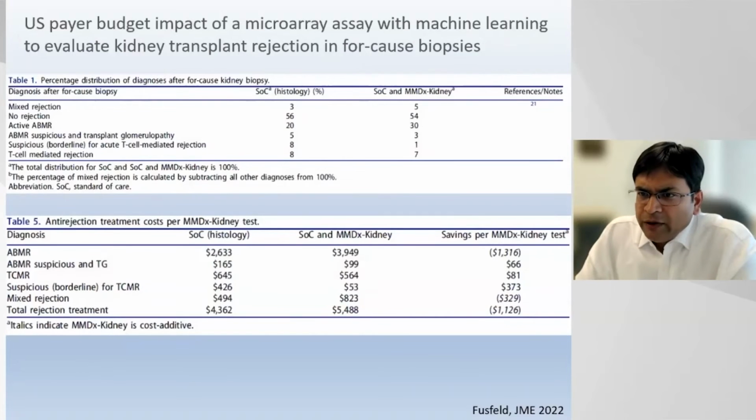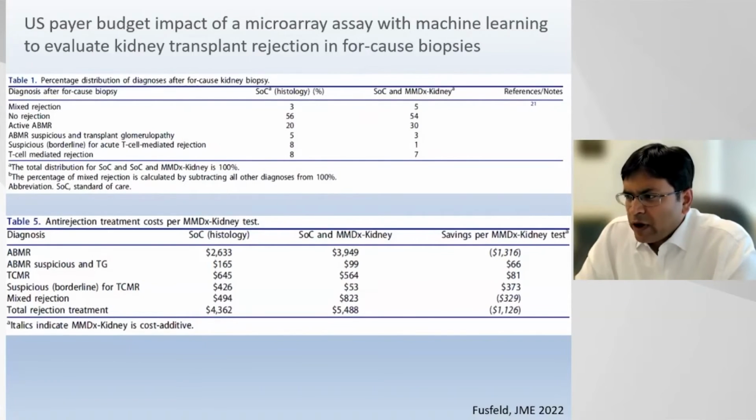So we used these percentage distributions of diagnosis to compare these different disease states. And this is derived from the publication which I showed you earlier with regards to the percentages of each diagnosis. What this table shows you at the bottom is that when you incorporate MMDx in the center of care for ABMR, there is a resultant net loss of around $1,300 because more cases of ABMR are picked up by MMDx than by histology.